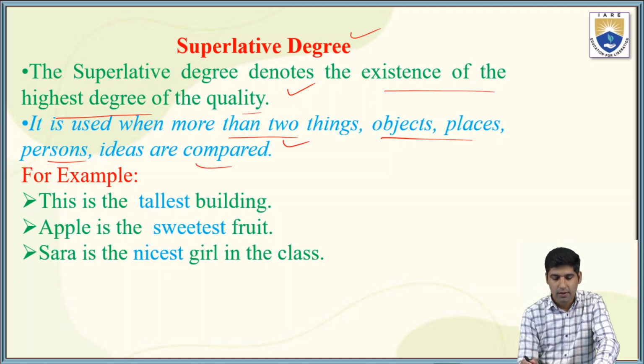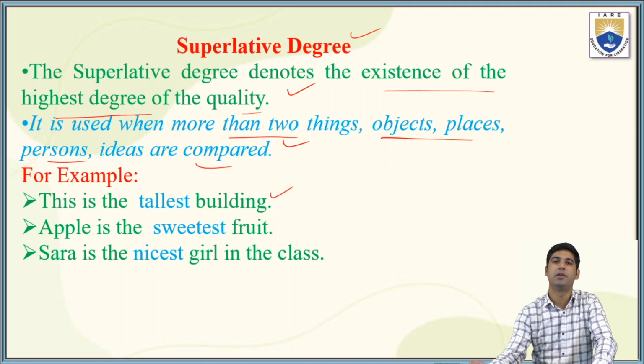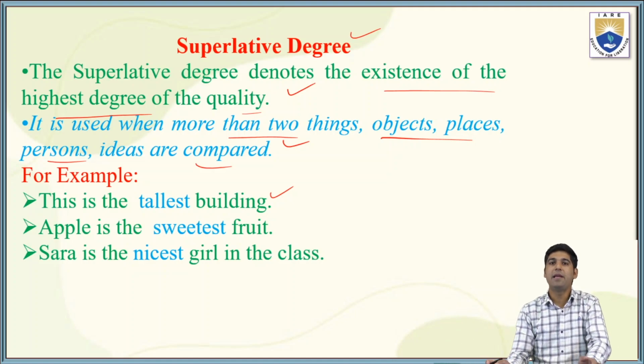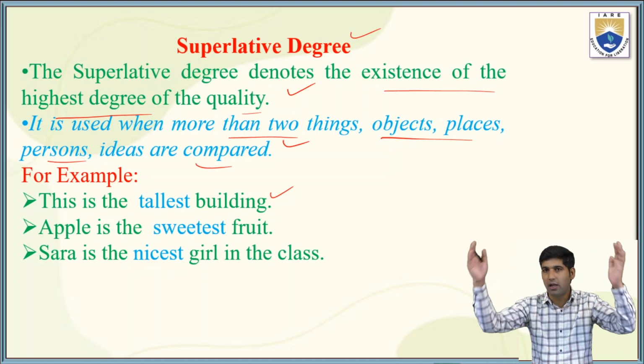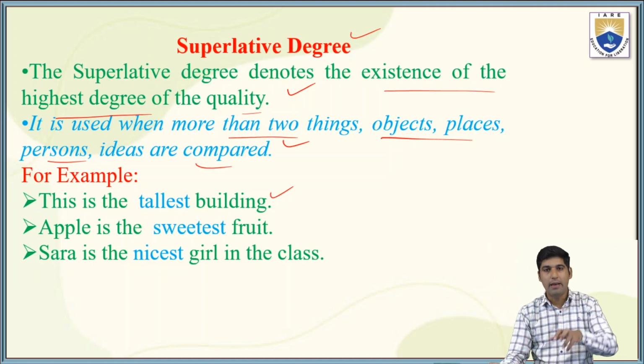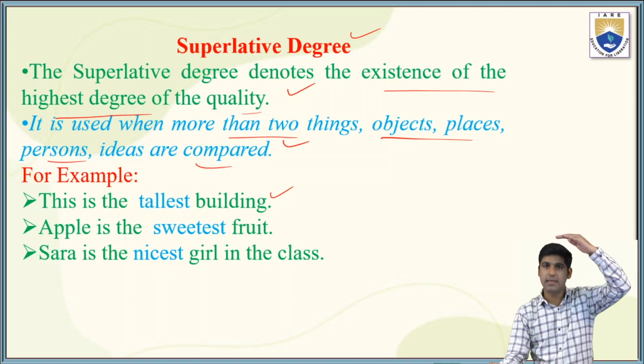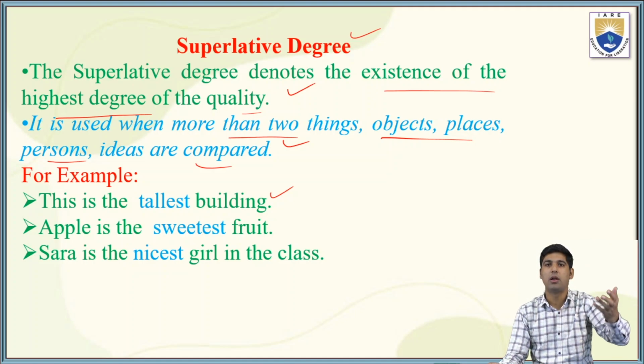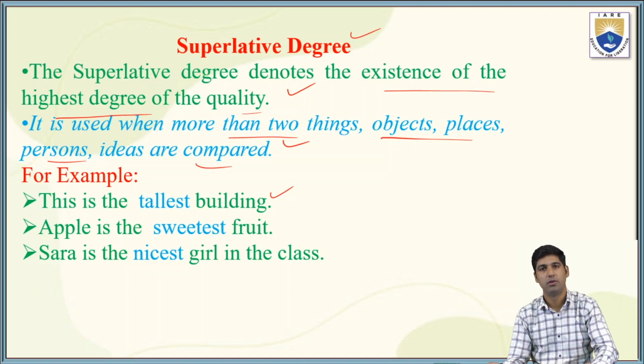For example, this is the tallest building. When I say tallest building, I do not mean this is taller than that building. I mean this is taller than all other buildings. Tallest itself means this is the ultimate.